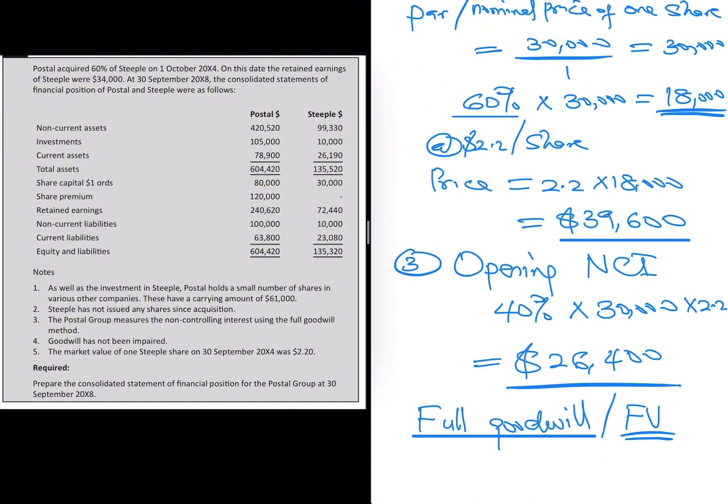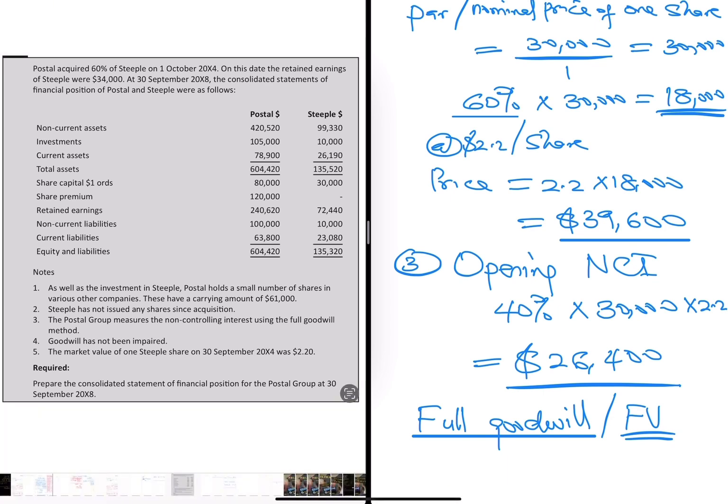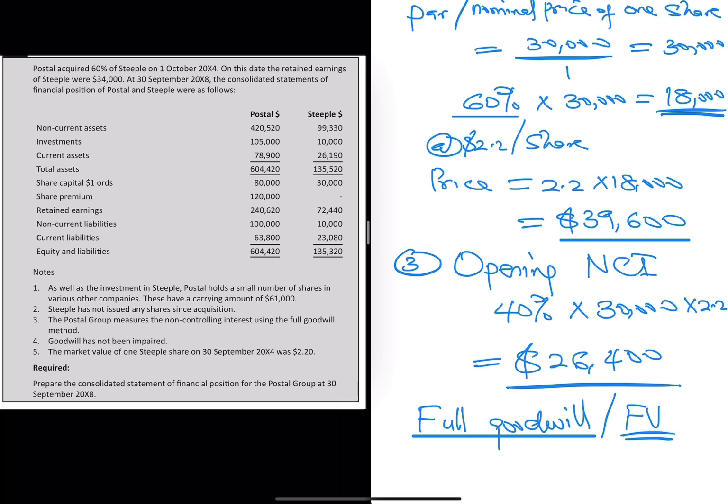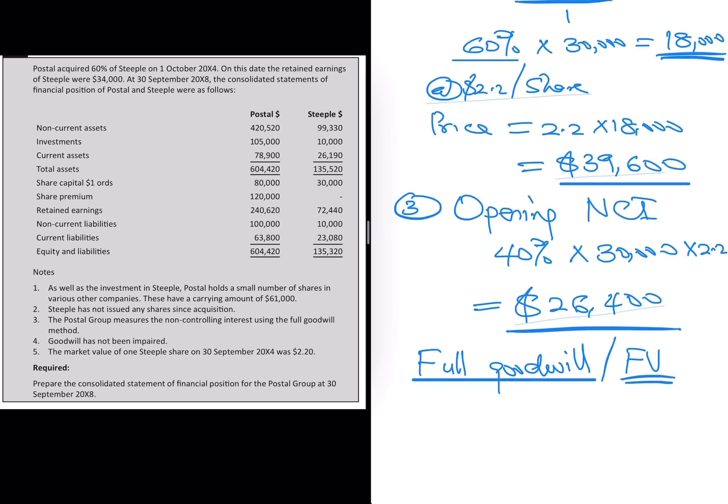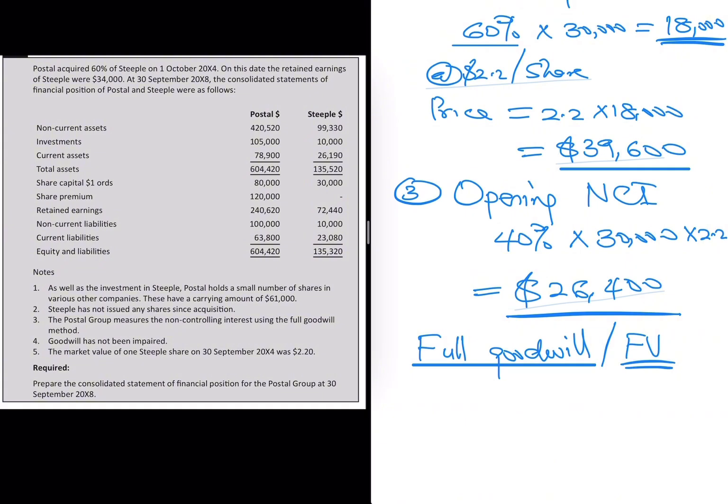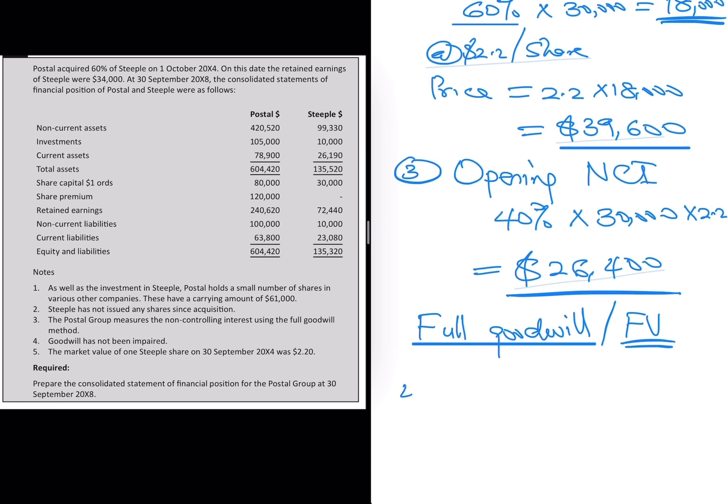So what we would have been doing is to get the net asset of Staple at acquisition, which would have been retained earnings of 34,000 and 30,000 share capital. That would have been the equity of Staple at acquisition. But this time around, the principle the parent has adopted is not a proportion of net asset, but rather a full goodwill approach, which is a fair value approach. Now let's go to step 4.